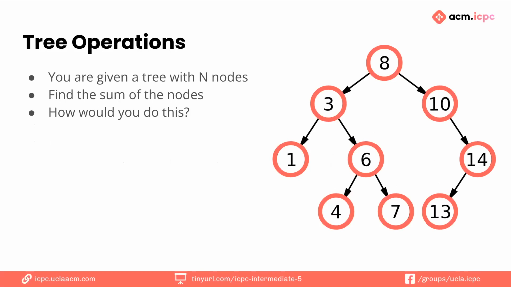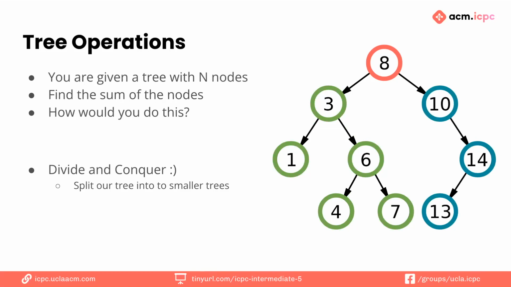So if we get a problem like you're given a tree with n nodes and you want to find, I have a typo here, the maximum of all the nodes, we could do this using divide and conquer. The way we would do this is split our tree into smaller trees. We have our left subtree, which is in green, and we have our right subtree, which is in blue.